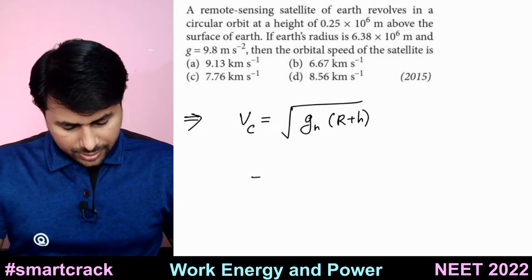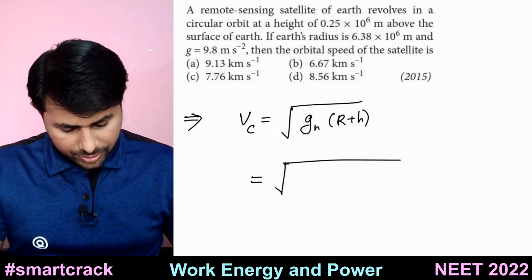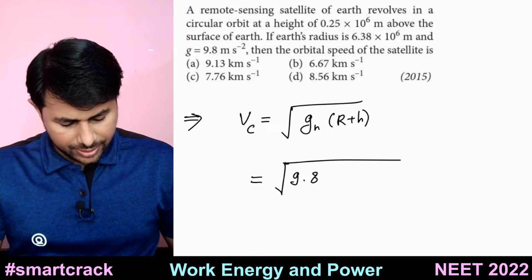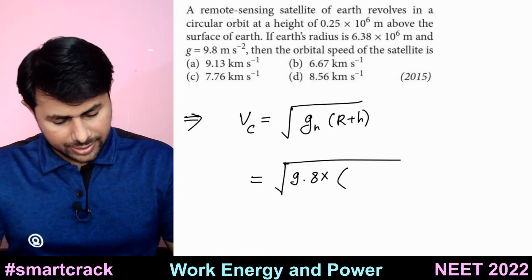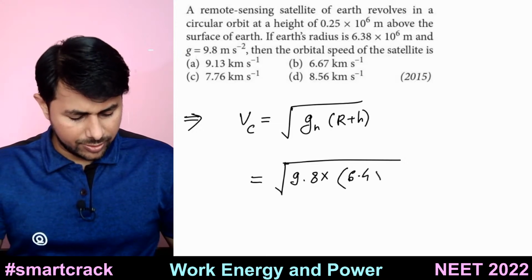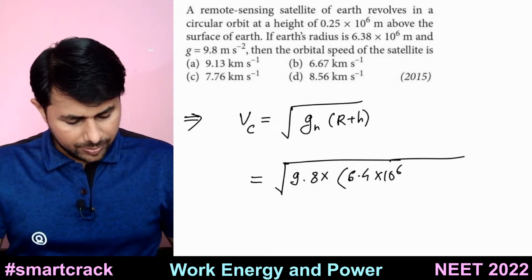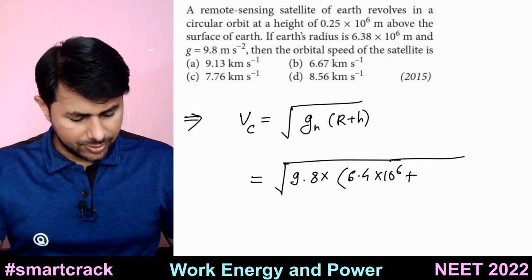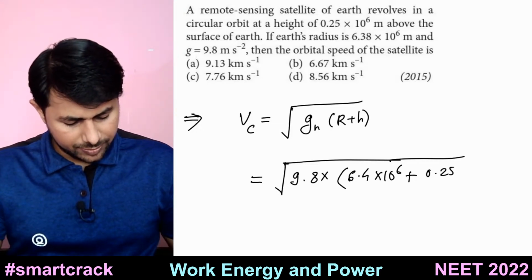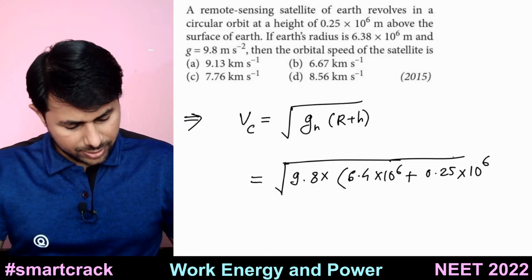So now we just have to substitute values. It is 9.8. What is the value of R? R is 6.4 into 10 raised to 6, plus what is h? h is 0.25 into 10 raised to 6.